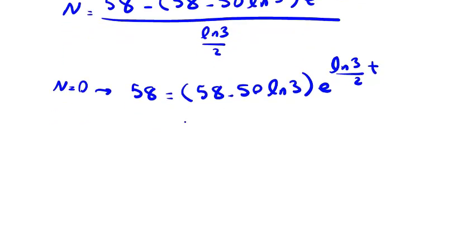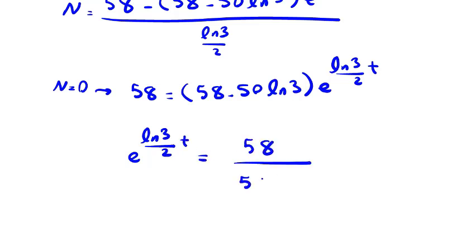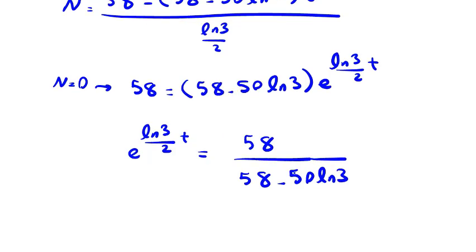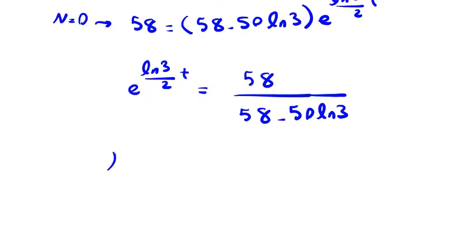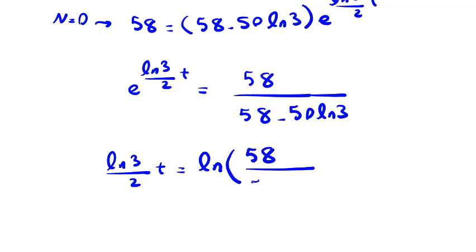Then e^(ln 3 over 2 t) equals 58 over (58 minus 50 ln 3). If you take ln of both sides, we have ln 3 over 2 t equals ln of 58 over (58 minus 50 ln 3).